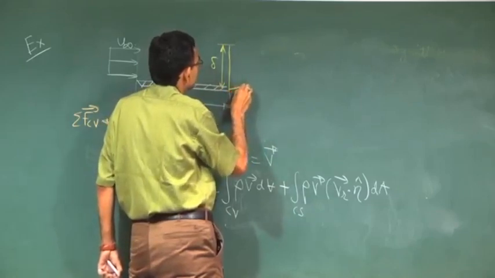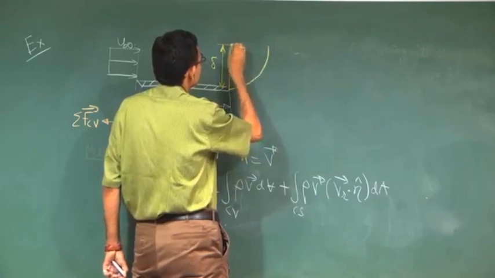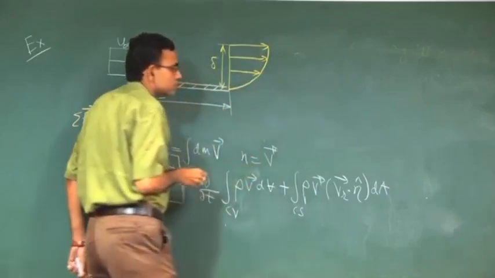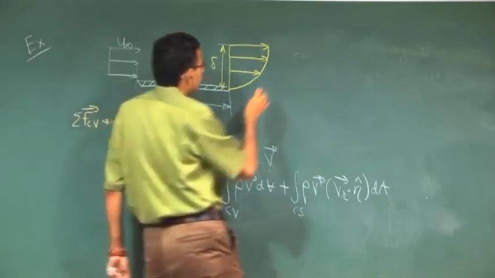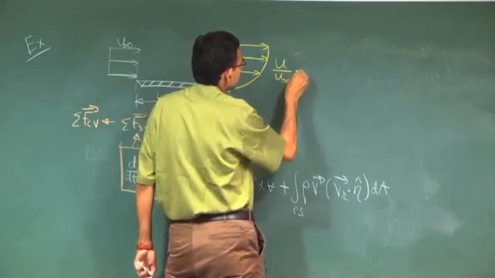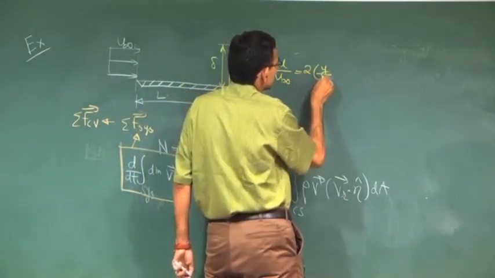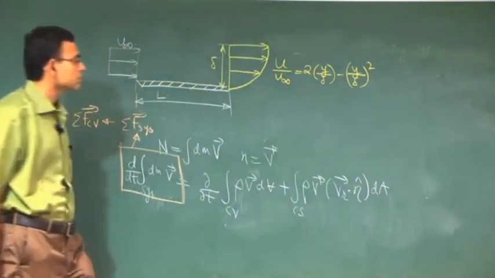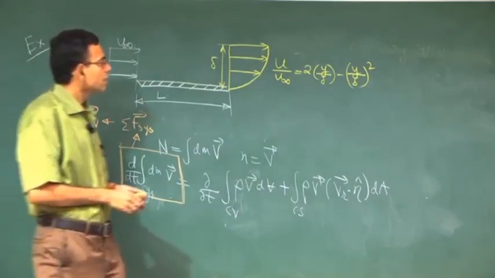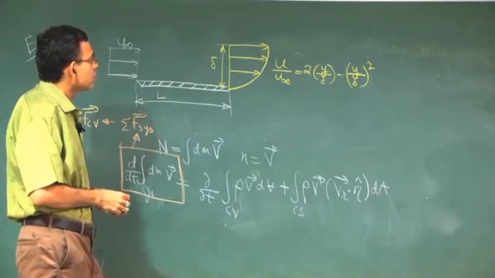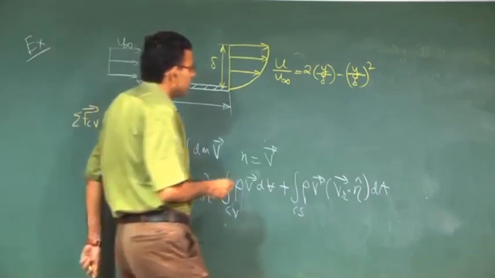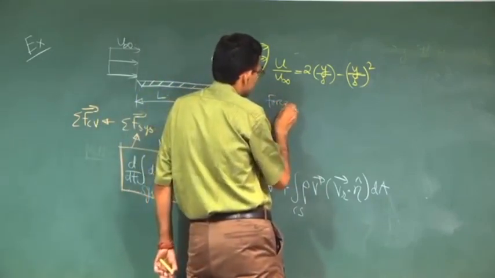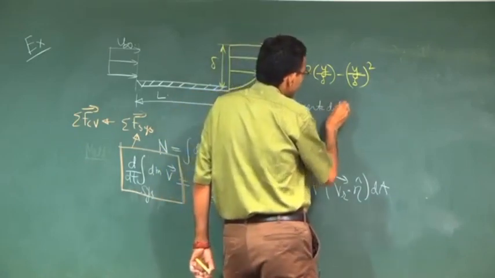So the velocity profile here is given by u infinity. Question is that, what is the force exerted by the fluid on the plate?